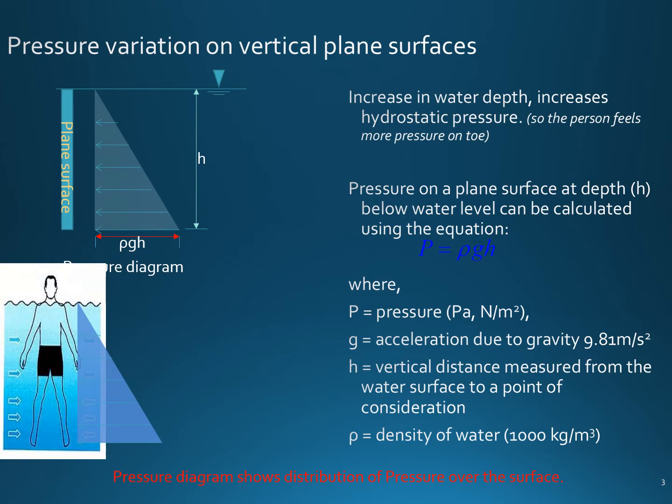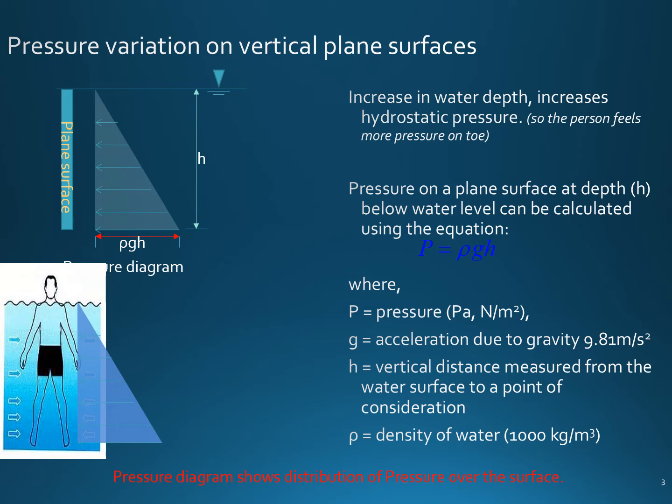Now let's make it a little bit more formal. Assume there is a plane surface immersed in water, and we want to measure the pressure. So what is pressure? The pressure is density times g times height of water. The height depends on where we measure the pressure.